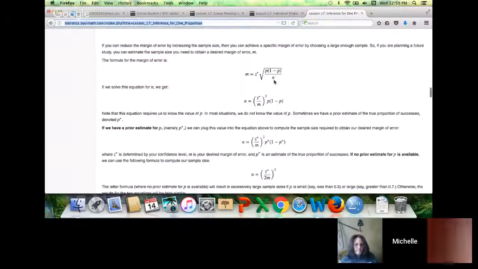Margin of error equals z times the square root of, is that your standard deviation? P times 1 minus p over n. Yep. In those other questions where they ask us the margin of error, we took the... Anyway, I don't know.